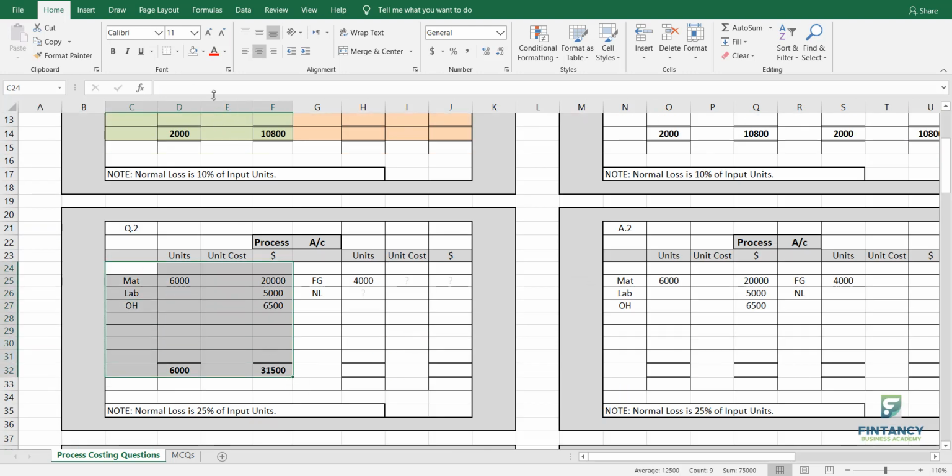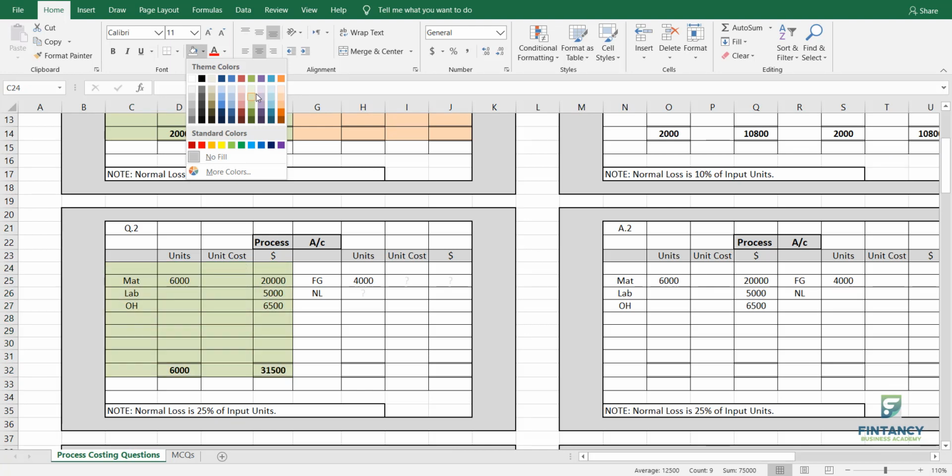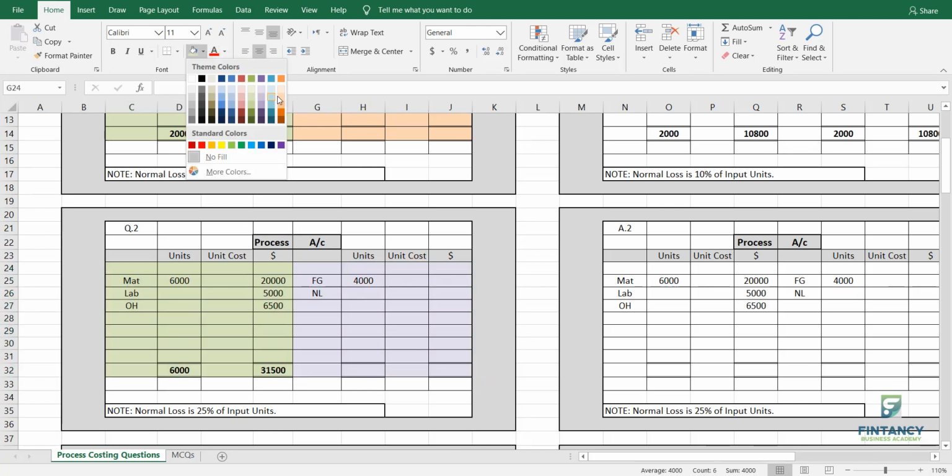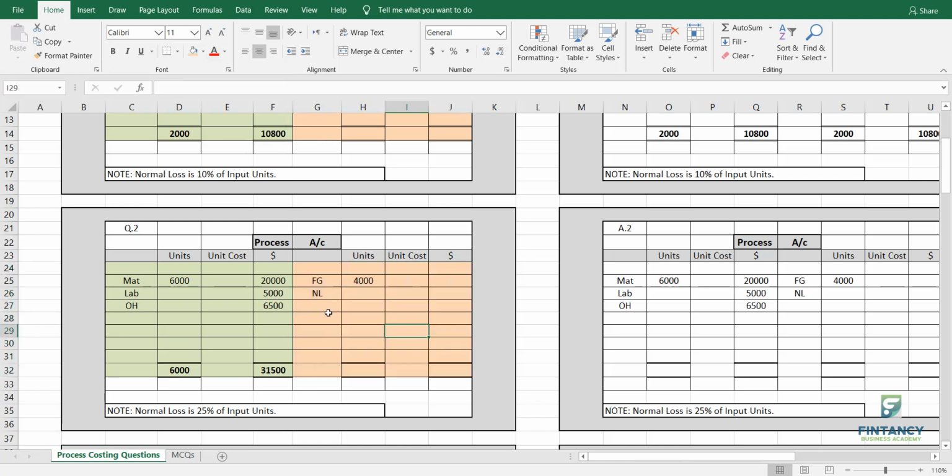So my friends, again, like I said, this area is the debit side and this area is the credit side, right, everyone? Okay, now what is this question?